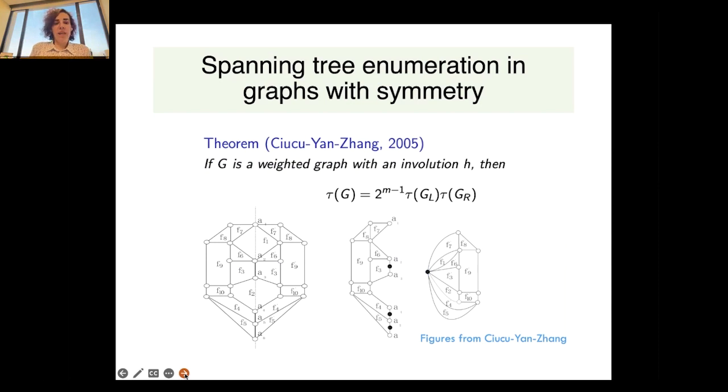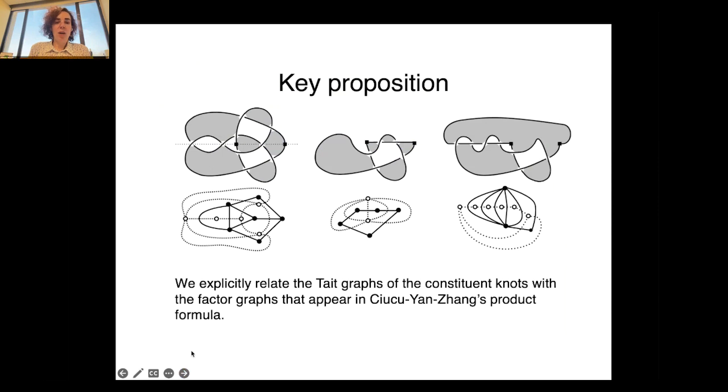What we found is that the 2 Tait graphs corresponding with the 2 constituent knots that weren't the unknot were precisely the same graphs that you would get from Chu, Yan, and Zhang's product formula. Well, not exactly on the nose.